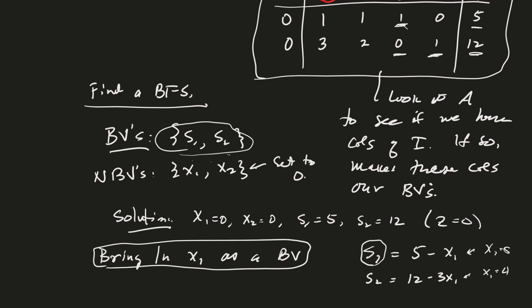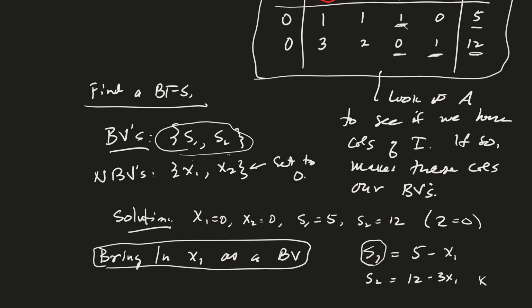The problem with making x1 equal to 5 is that that would make s2 negative, and suddenly our solution would not be feasible. Okay, so therefore you have to choose the smaller of the two x1s here, and so we're going to choose x1 equal to 4.